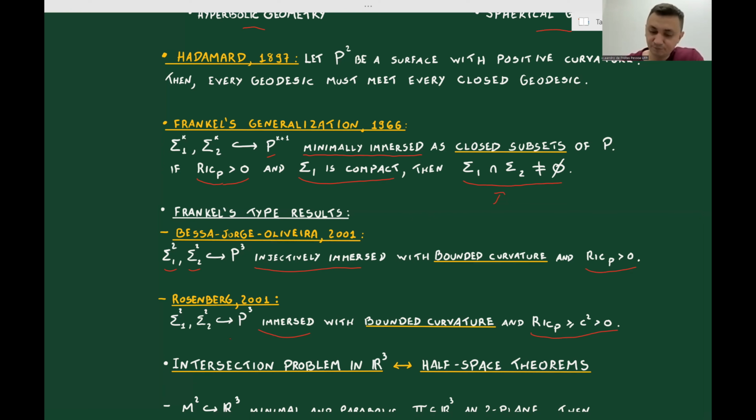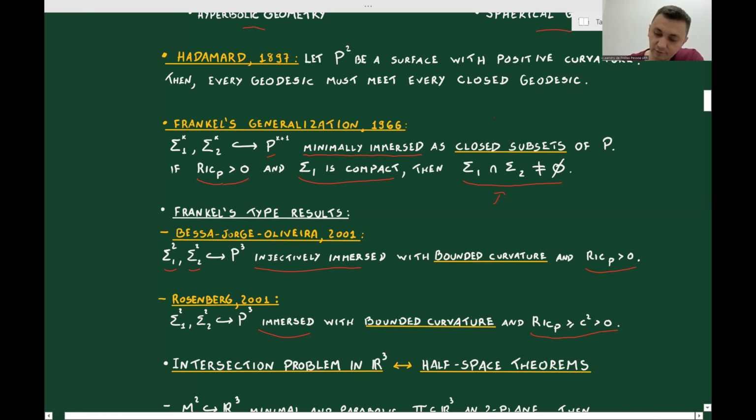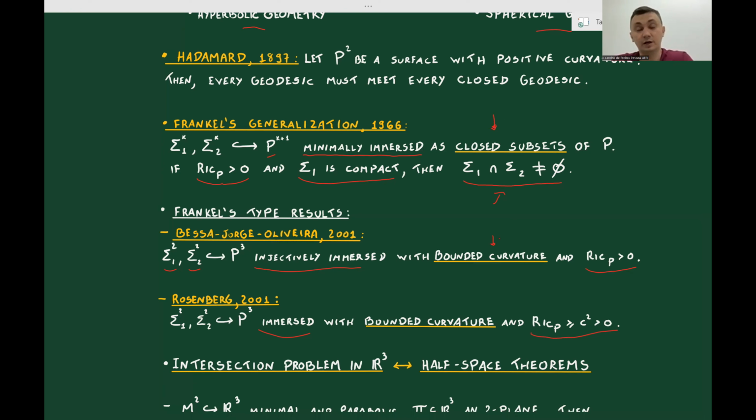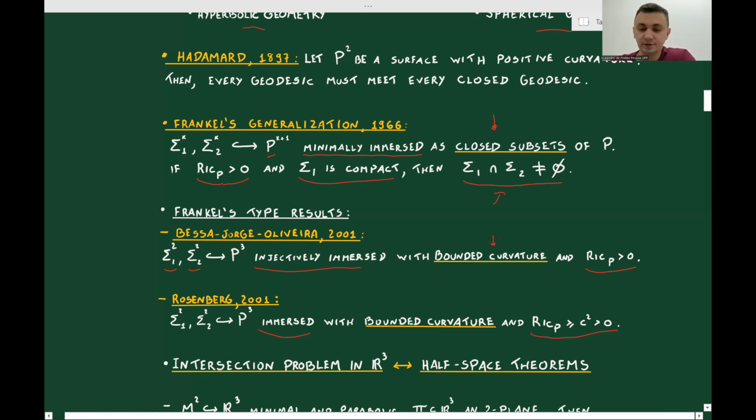So here I can just point out that the main difference between the Frankel property and the result by Bessa, Jorge, Oliveira and Rosenberg was that they changed the class of minimal surface, which before were closed subsets like properly immersed, and they changed for surface with bounded curvature. So they consider another class of minimal surface.